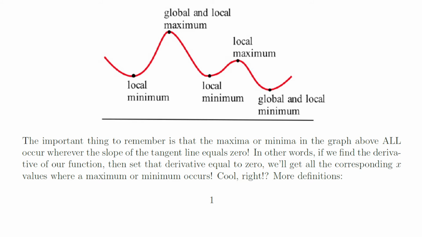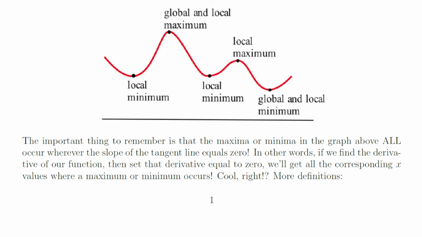Okay, so if you were to take this graph that we have and draw corresponding tangent lines at every single point, what you'll notice is that at the minimums and maximums, it's a perfectly horizontal line. So in other words, the slope of that tangent line is actually 0.